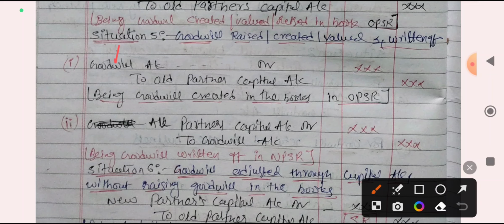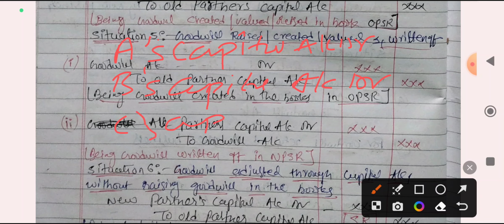That is A's capital account debit, B's capital account debit, C's capital account debit to goodwill account will be the general entry.